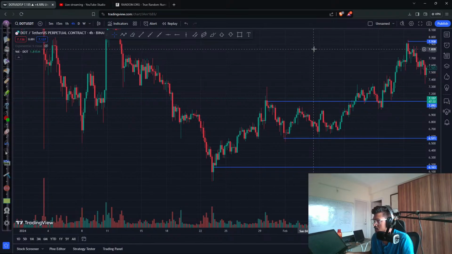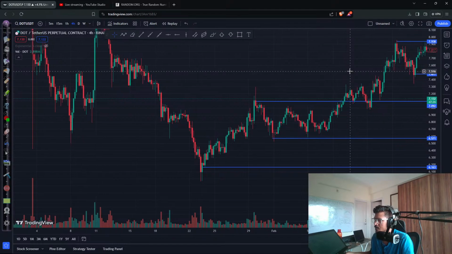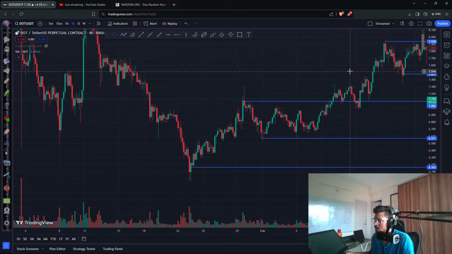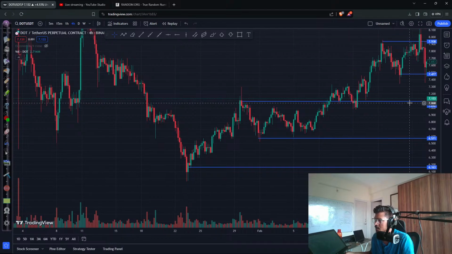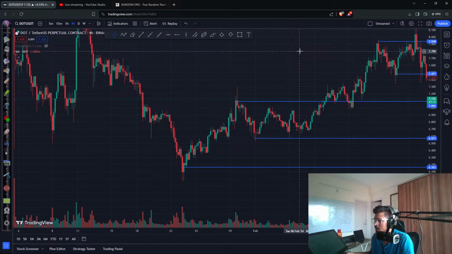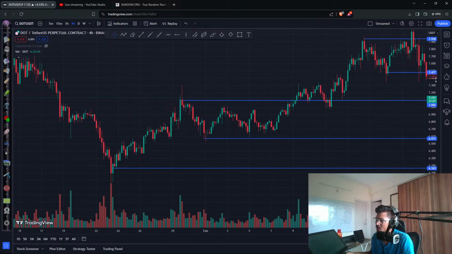We saw that reversal, and now it tested there again, respecting the trading range. So now, what do you want to do here? Tell me. That's the big question.